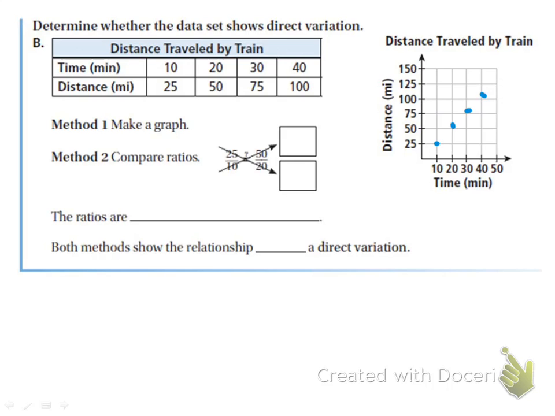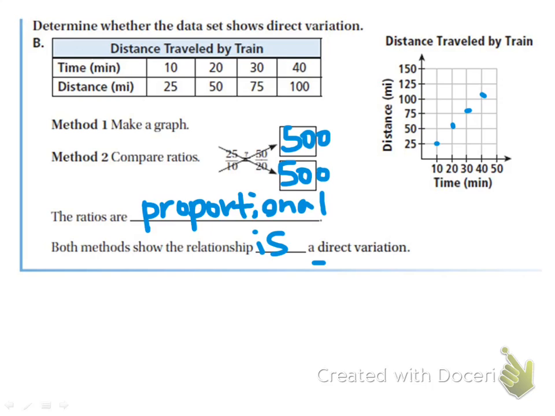Now, let's compare the ratios. 25 times 20 is 500. 10 times 50 is 500. So the ratios are proportional. So both methods show the relationship is direct variation.